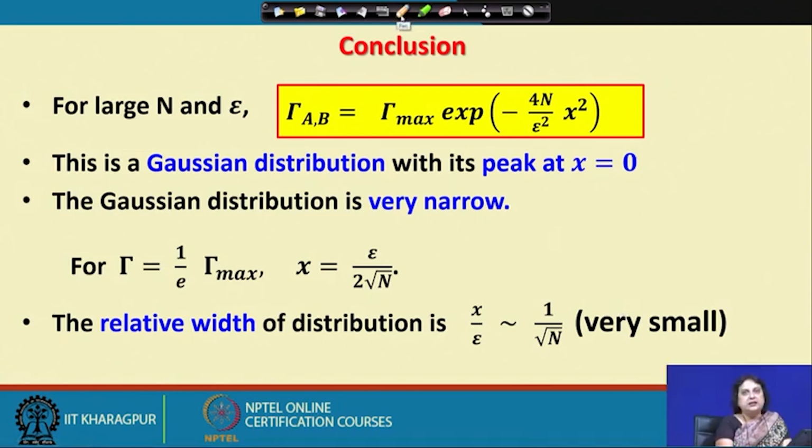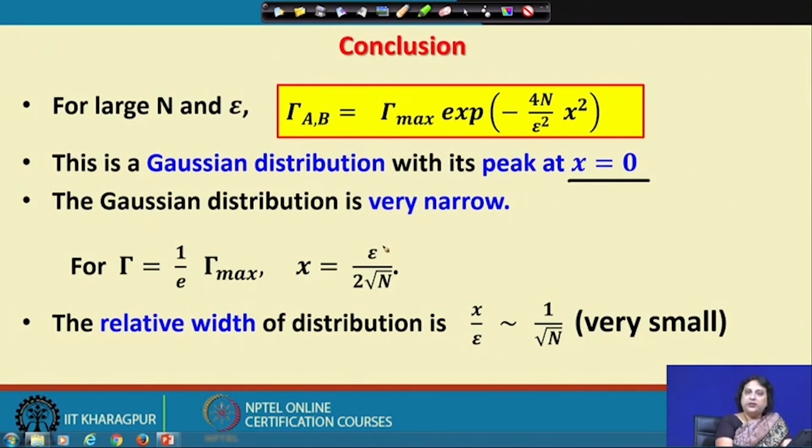We first see that for very large n and gamma, the distribution function gamma A B, or equivalently gamma A B by gamma total, is a Gaussian distribution with its peak present at x equal to 0. Now, this Gaussian distribution is very narrow, because as you see, when the number of microstates reduces to 1 by E of the maximum value, x is this quantity.